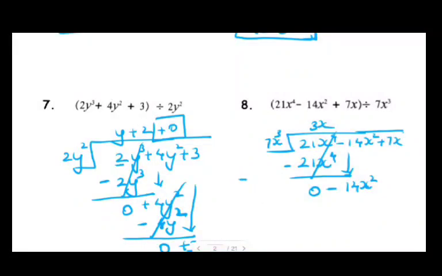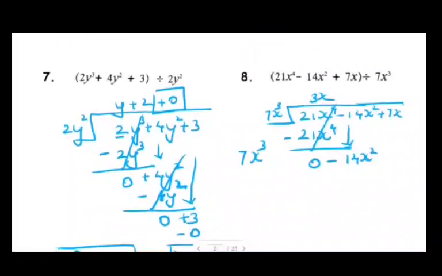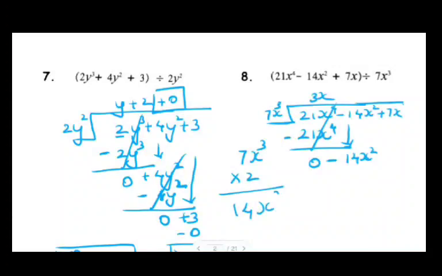So now again 7x cube into 2. What do I do now? If I simply multiply, it becomes 14x cube and I wanted x square. What do I do now?